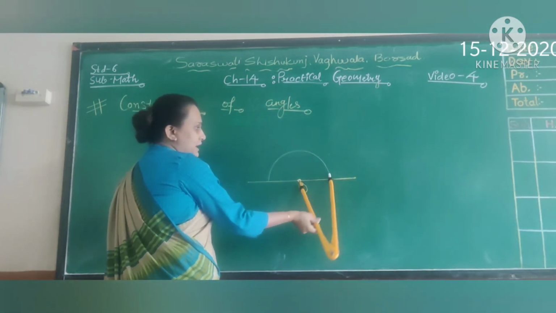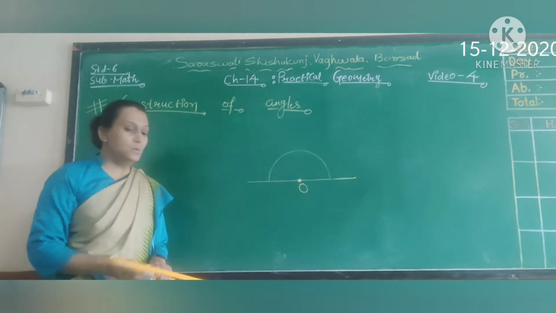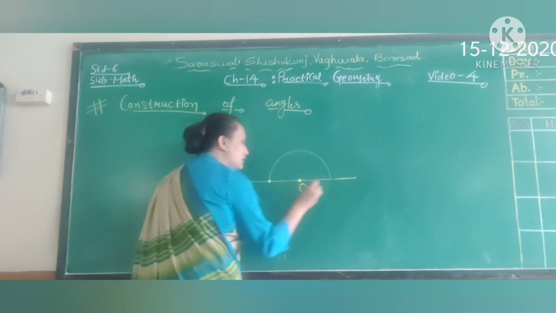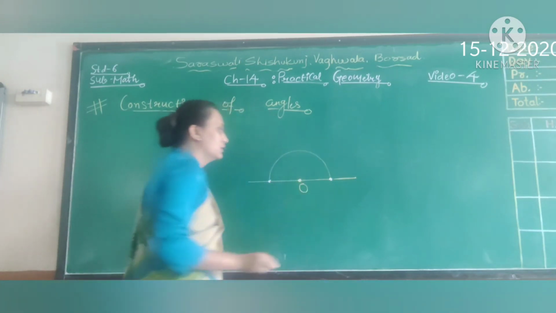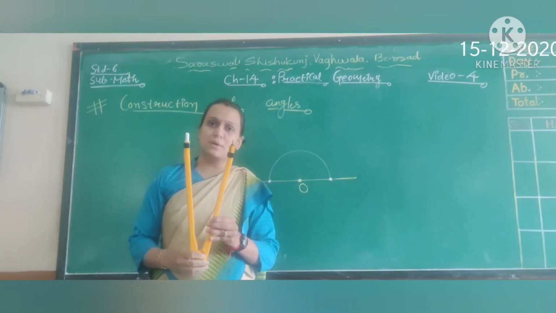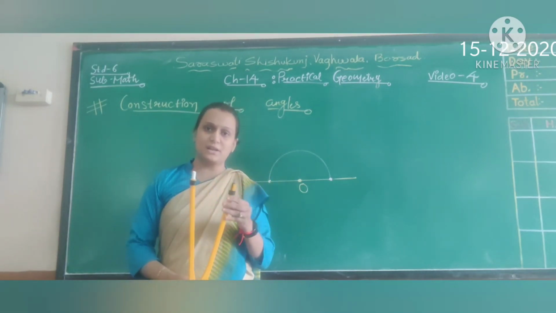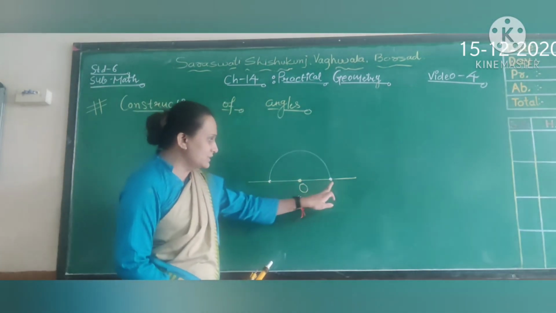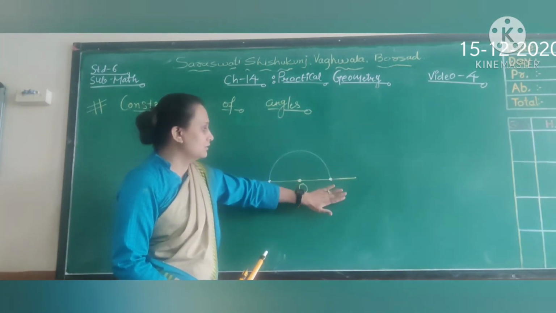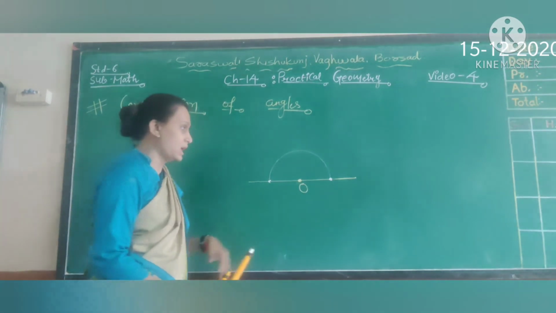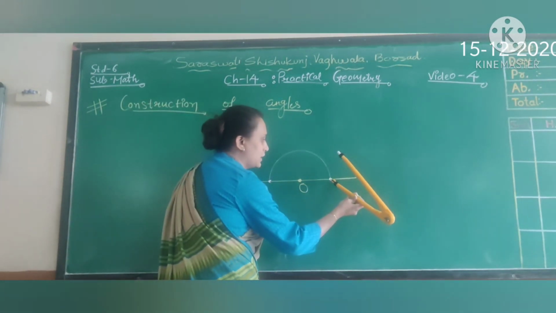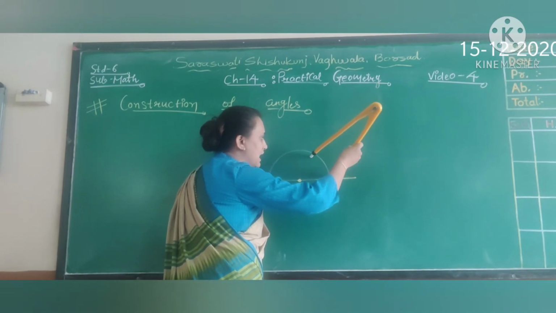Now you can see the semicircle touches the line segment here and here. Now we don't have to change the measurement of the compass, so we can draw a perfect angle, okay. Now with this center, we are drawing from right to left. With the same measurement, we are going to cut the circle with an arc.